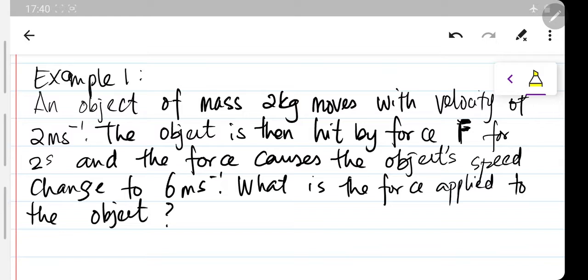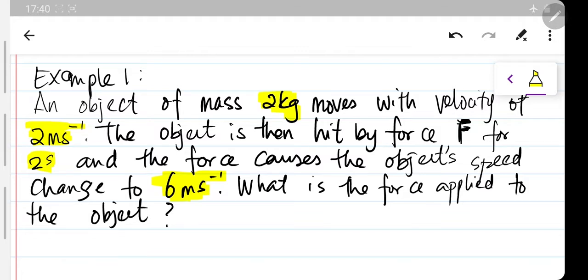An object of mass 2 kg moves with velocity of 2 meters per second. The object is then hit by force for 2 seconds, and the force causes the object's speed to change to 6 meters per second. What is the force applied to the object?